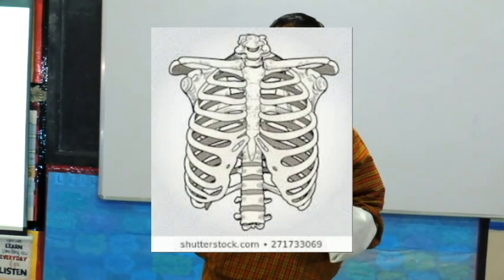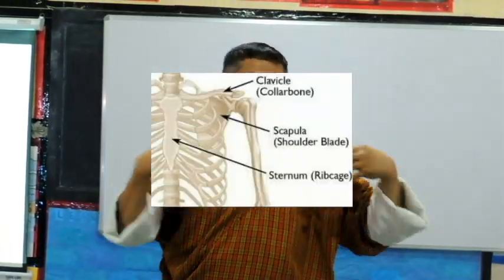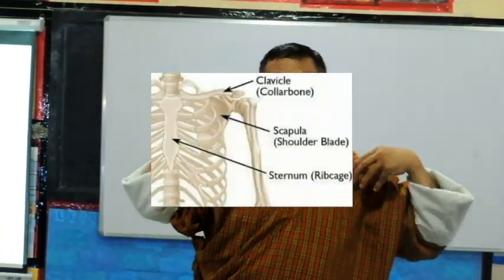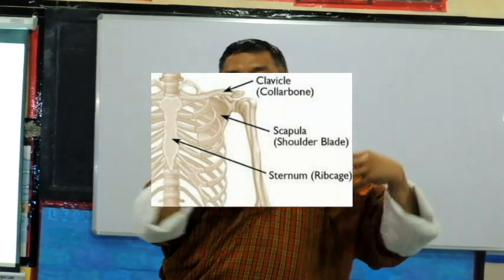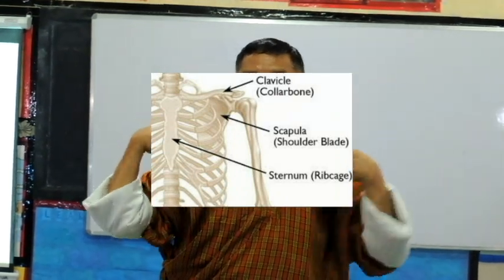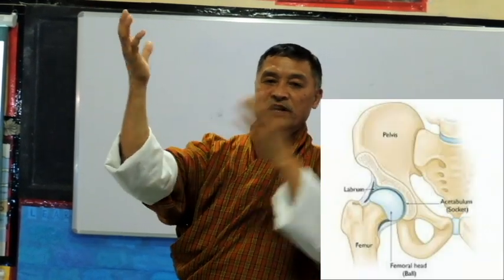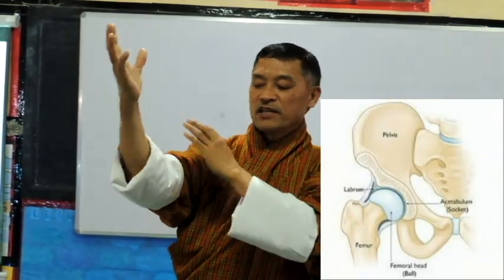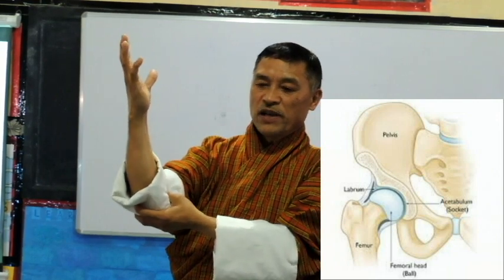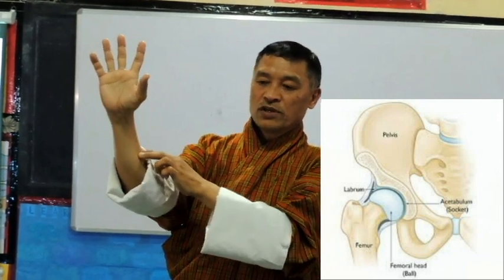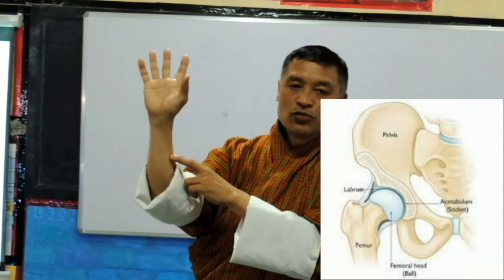And all these bones are connected at the shoulder with the upper limbs called hands. We have two types of joints. One is the ball and socket joint, which is at the shoulder. The ball and socket joint joins the arm of the upper limbs, and the arm bone is again joined by two bones with a hinge joint.